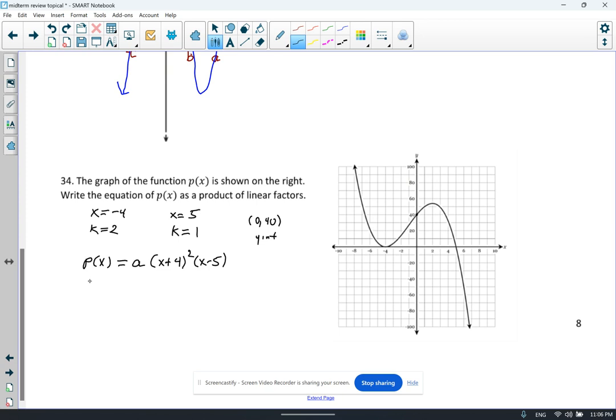And now, since we know the y-intercept is 40, so that's p of 0, and x is 0, right? So this is going to be 40 is equal to a times 0 plus 4 squared times 0 minus 5. So 40 is equal to a times 16, because 4 squared is 16, times -5.